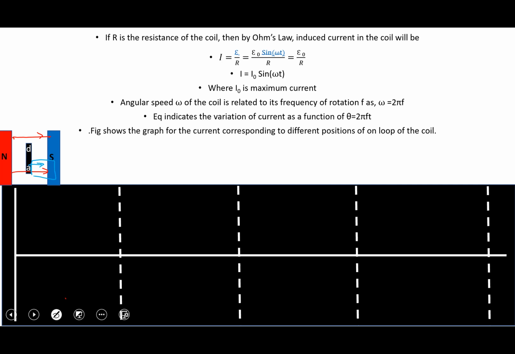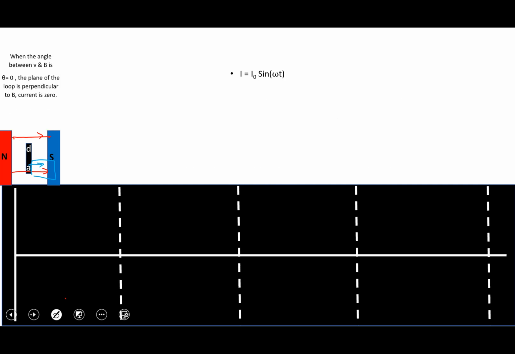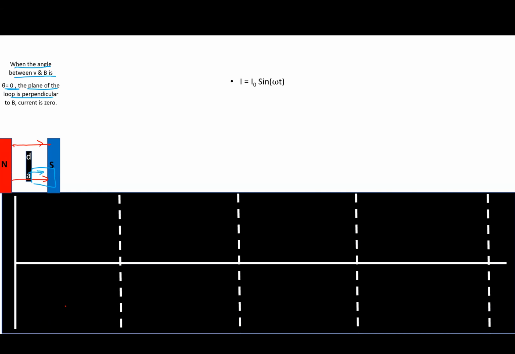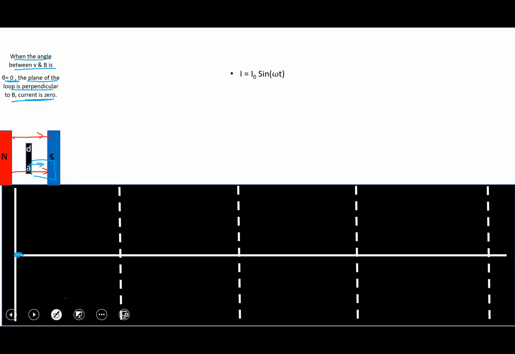The angle between them is 0, because both of them are in the same direction. When the angle between V and B is 0, the plane of the loop is perpendicular to the magnetic field, and the current is 0. So we'll put the current over here at 0.